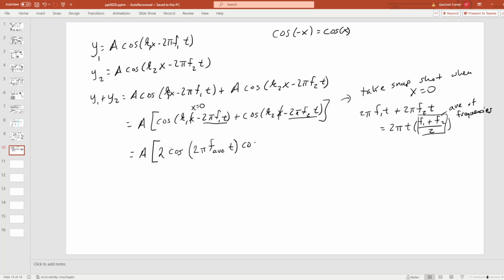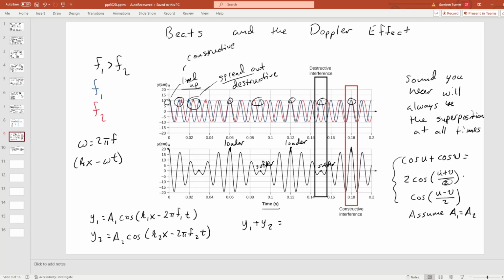times the cosine. Now we take the difference between our frequencies, or the difference of our arguments rather, 2 pi f1t minus 2 pi f2t as per this calculation right here.